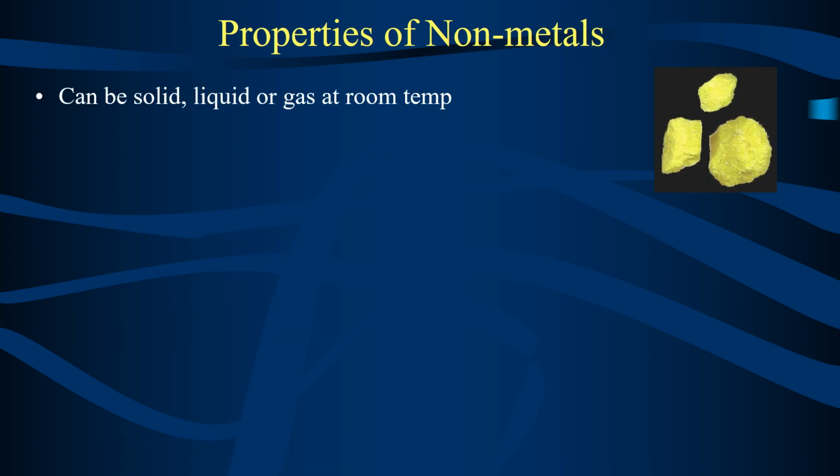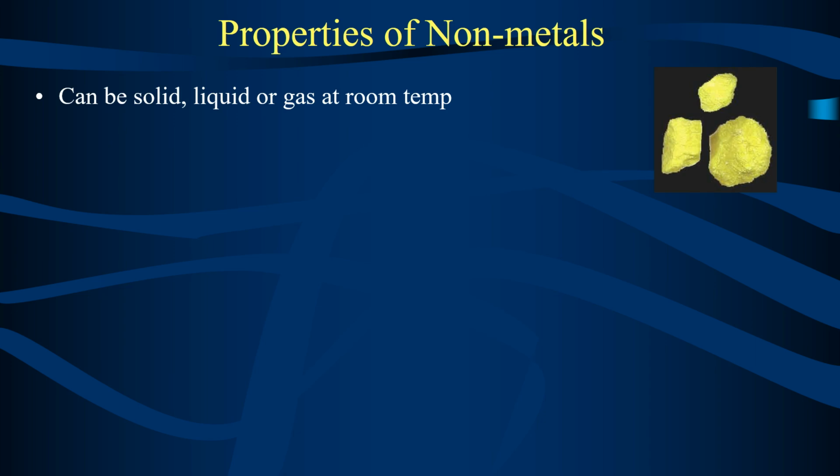as far as phase, we find nonmetals in all three phases: solid, liquid, and gas. So we can't really make a presumption of what they're going to be in nature. There's a good bit of them that are gas. There's a few that are solid. There's at least one that shows up as a liquid.